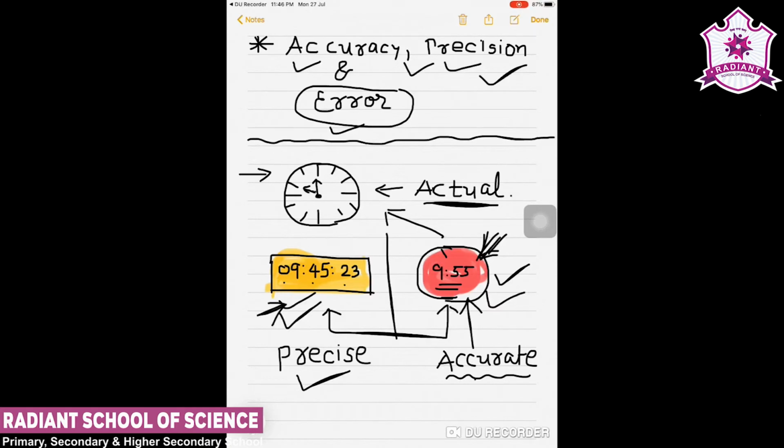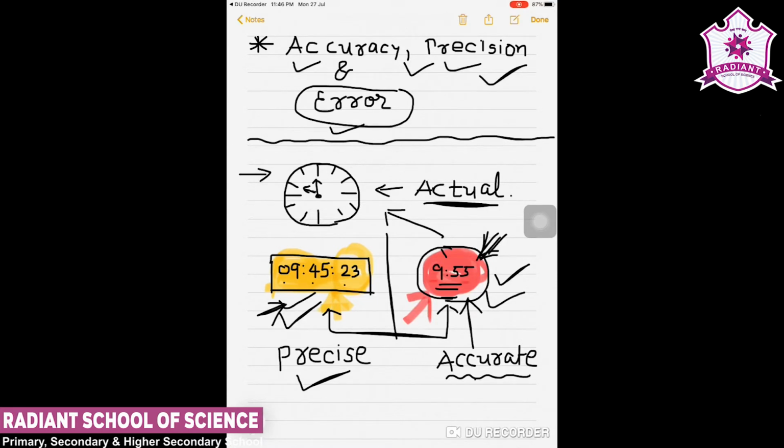So here it is clear that this red one is more accurate but less precise, while this yellow one is more precise but less accurate in this case, because the value which is near the actual value of measurement is called accurate, while the value which provides more precise value, that means the precision tells us up to what resolution or up to what limit the quantity is measured.